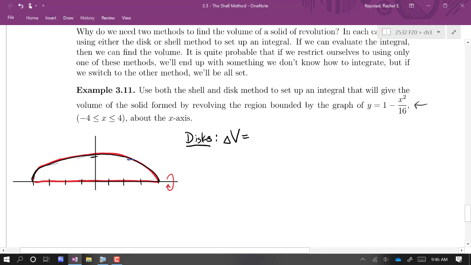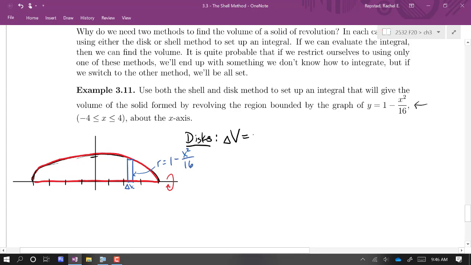So with a disk, we'd have to draw a vertical rectangle. It would have a delta x width, and the radius of the disk is the height of the rectangle, or the length of the rectangle. And in this case, that's just the function 1 minus x squared over 16.